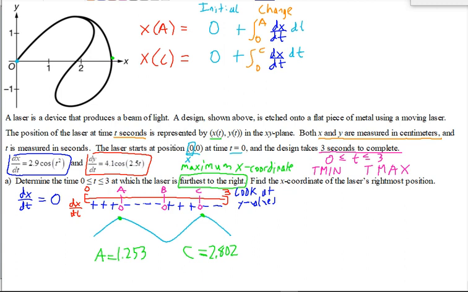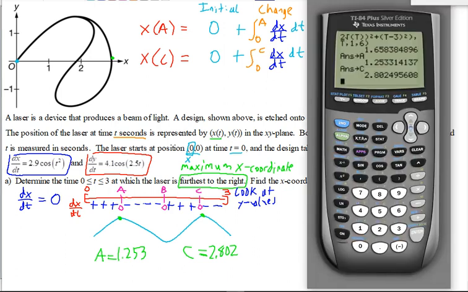The dt's would cancel out and give you the change in the x coordinate, which is what we want. So here we're just trying to find the x coordinate of the laser's rightmost position and the time. So since we count them the same way, let's calculate one with the 84 and the other with the Inspire. So I'll do the A with the 84.